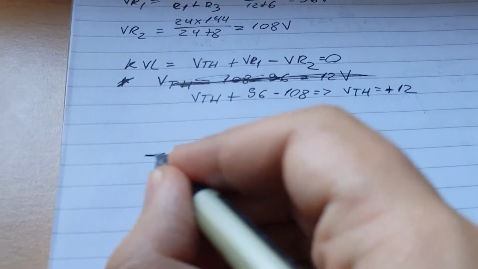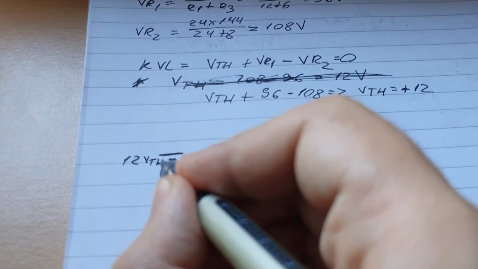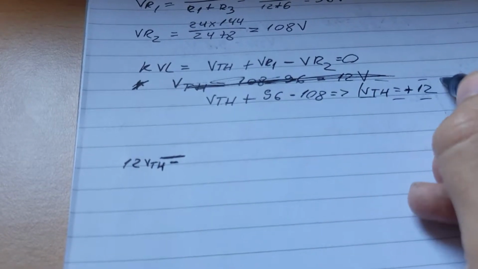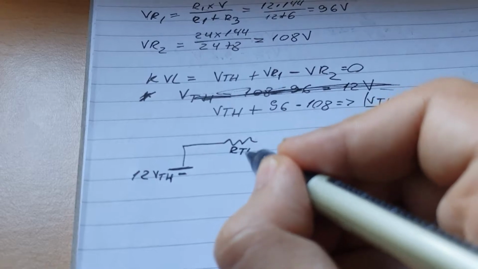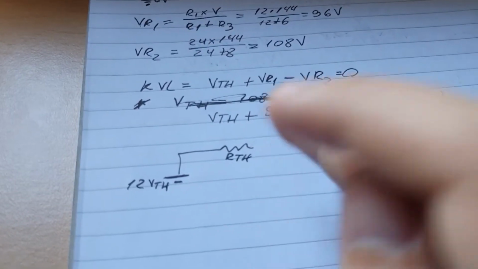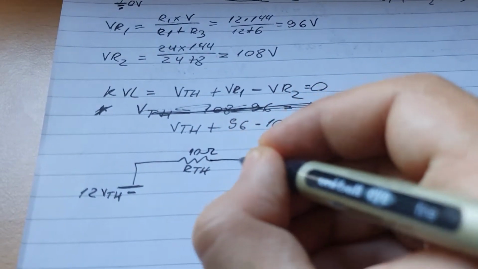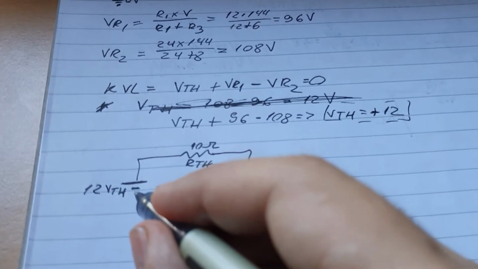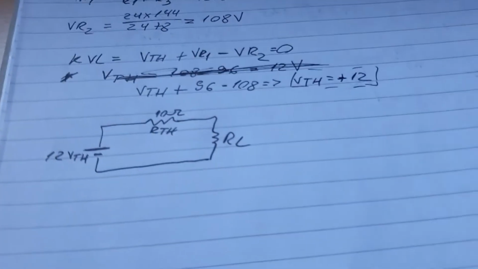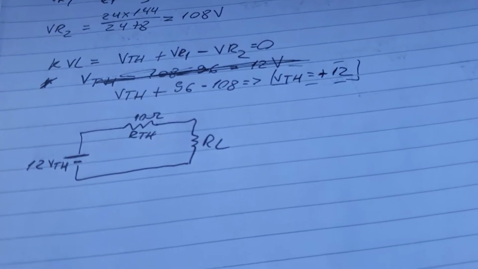So we're going to write here 12 V for VTH because this is a key component here. And then we got RTH, which is equal to 10 ohms. And then we got RL here. Okay, what I wanted to show you is that when I calculated myself, I got a negative 12.